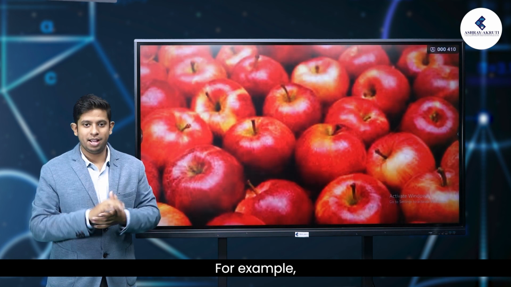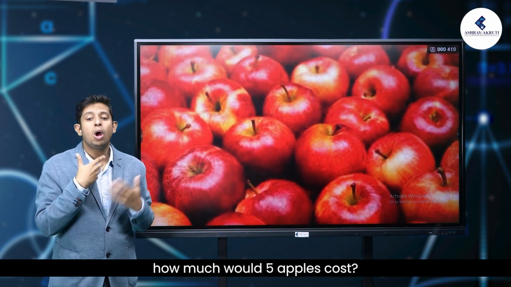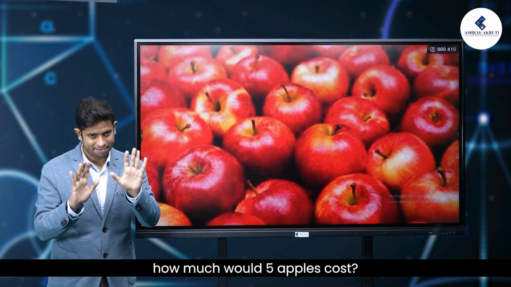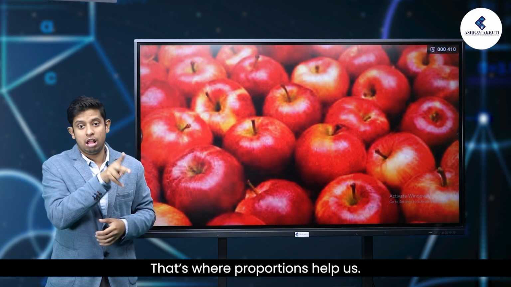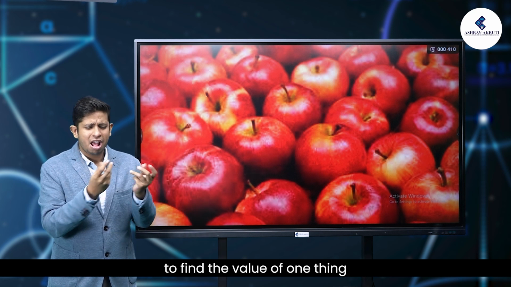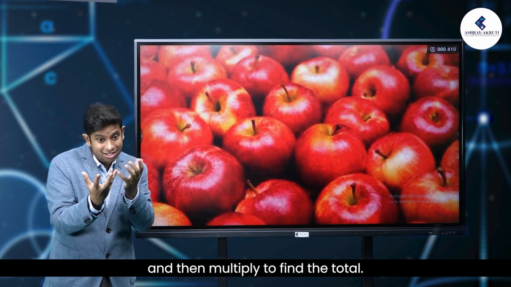For example, if 2 apples cost rupees 20, how much would 5 apples cost? That's where proportions help us. We also use the unitary method to find the value of one thing and then multiply to find the total.